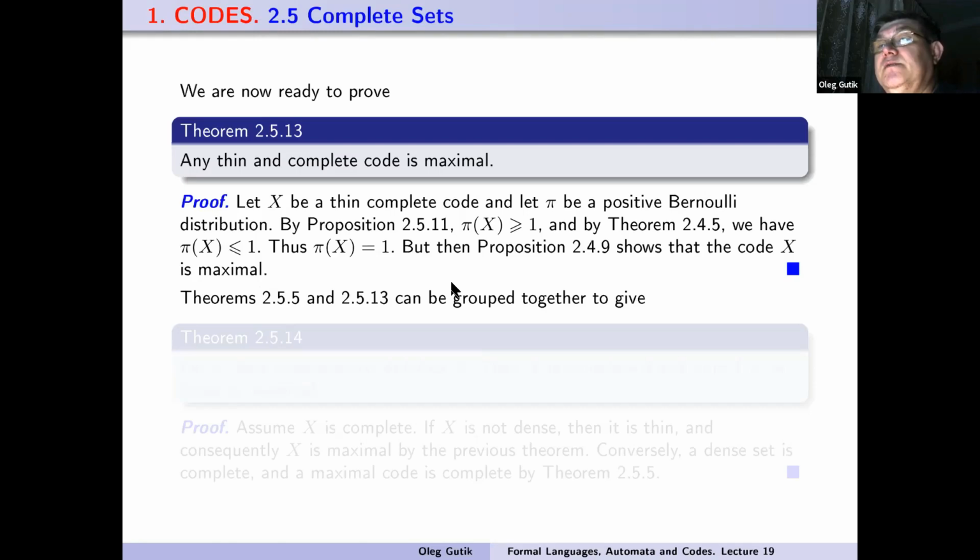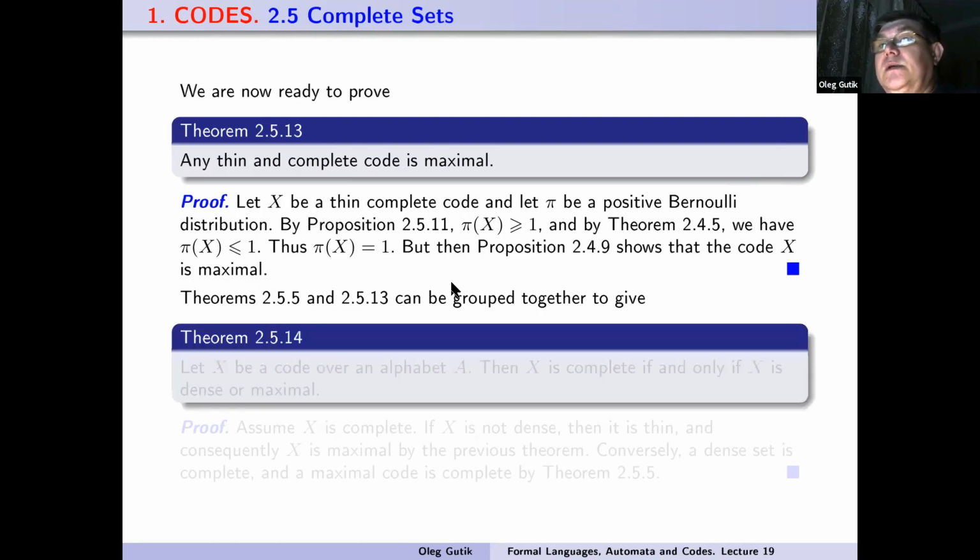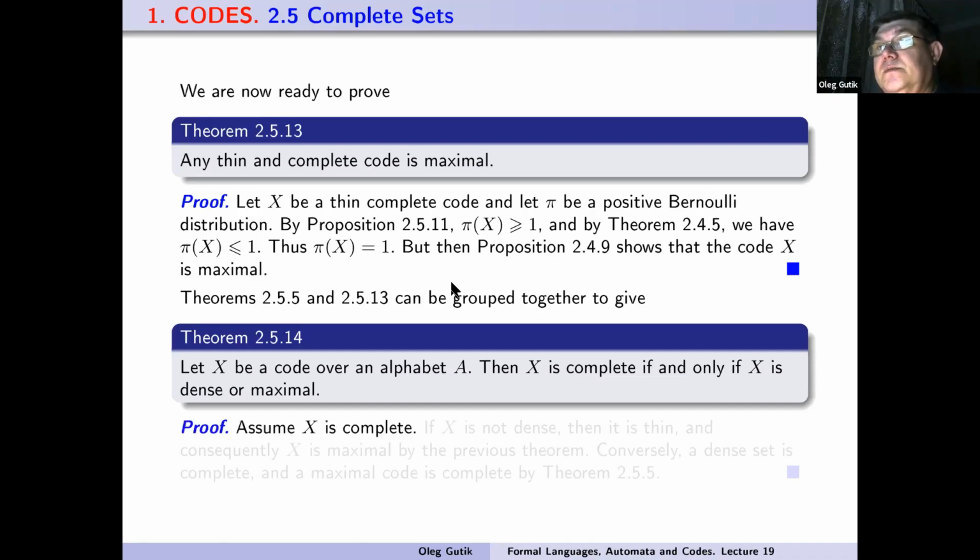Theorem 2.5.5 and Theorem 2.5.13 can be grouped together to give Theorem 2.5.14. Let X be a code over an alphabet A, then X is complete if and only if X is dense or maximal. Proof.